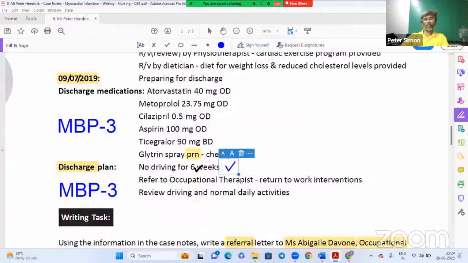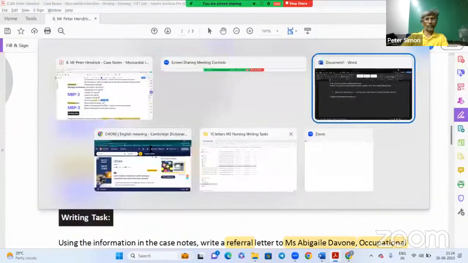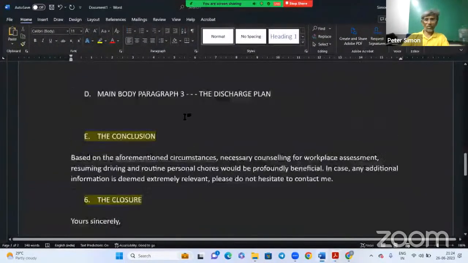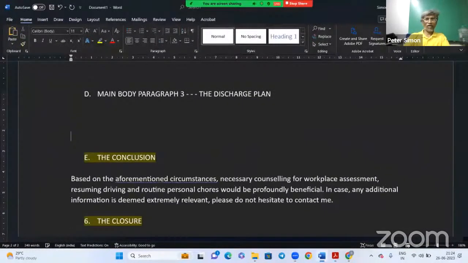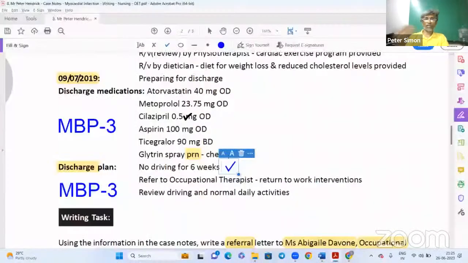So how are you going to write this sentence? No driving for 6 weeks. This will go into discharge plan. Refraining, R-E-F-R-A-I-N, refraining from driving, or avoiding driving, or prohibited from driving.